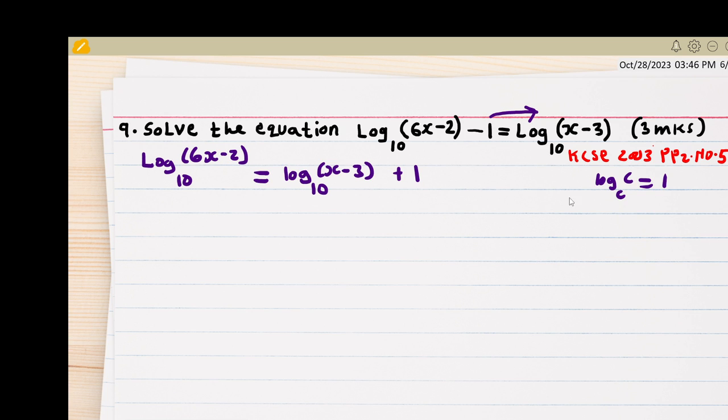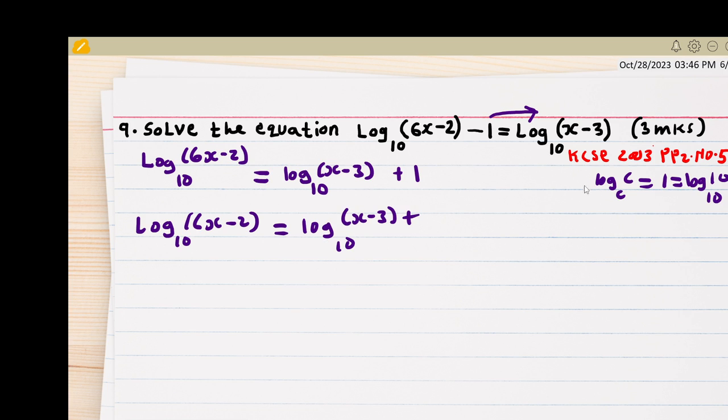Therefore, since everything is to base 10, this 1 is the same as log to base 10 of 10. Therefore I'll substitute it here so that I have log to base 10 of (6x minus 2) equal to log to base 10 of (x minus 3) plus log to base 10 of 10.